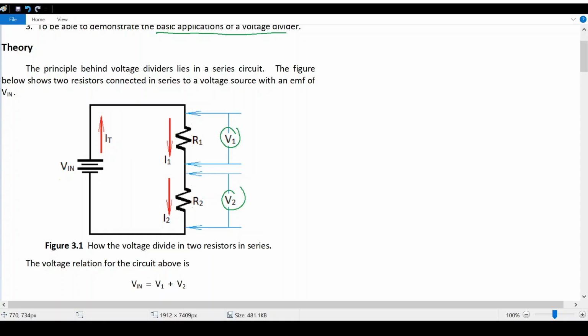And this voltage V1 and V2, when added, is simply equal to the supply voltage. We may also term this voltage as the total supply voltage, or V sub T, or total input voltage.